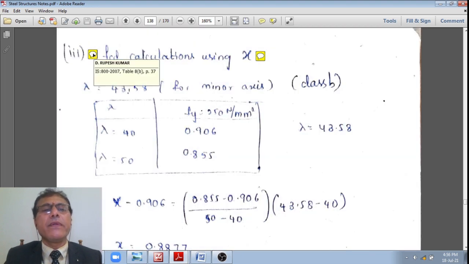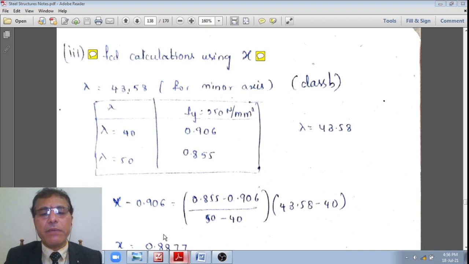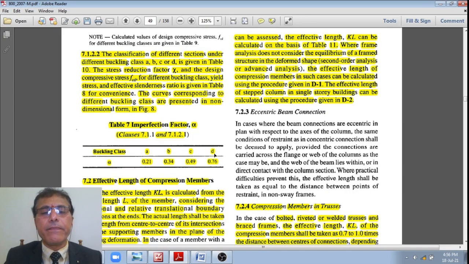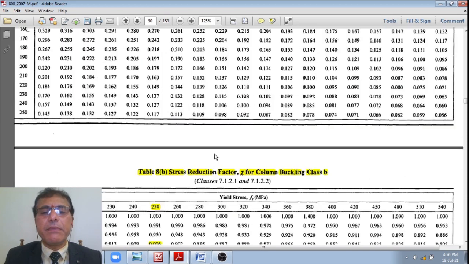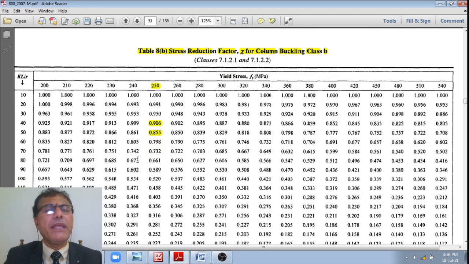If I go to table 8B about the minor axis, it is buckling class B. Therefore, table 8B is applicable, from page number 37. Let me go to this page, students. This is table 8B. For lambda 40 and 50, the values are 0.906 and 0.855.